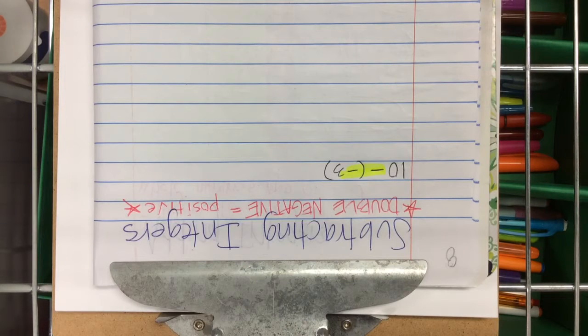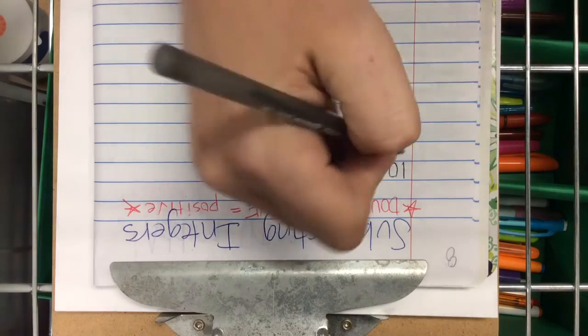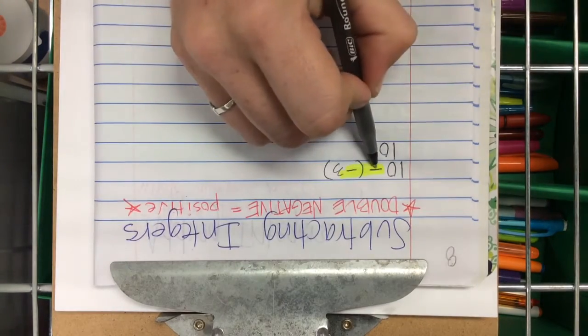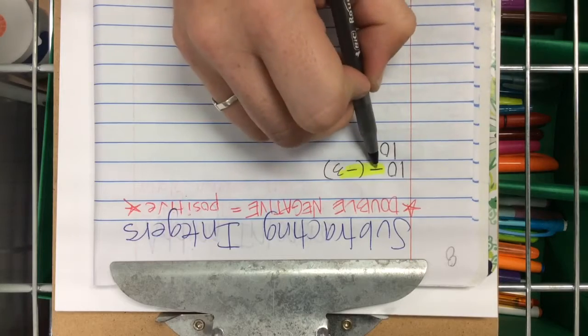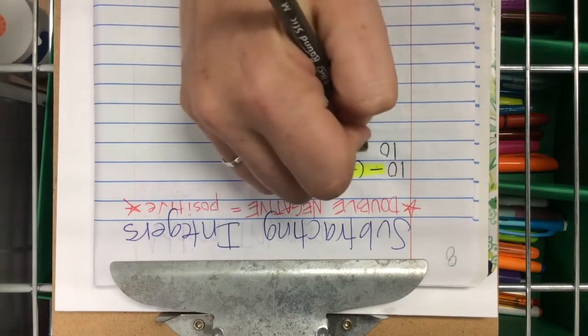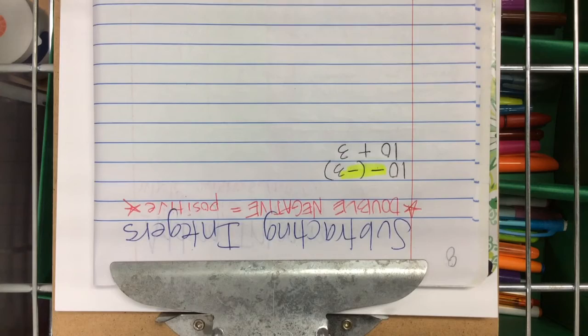I get that, but a parentheses is not a number or an operation. It's just a placeholder. So I rewrite it, and instead of minus negative 3, it becomes a positive 3.